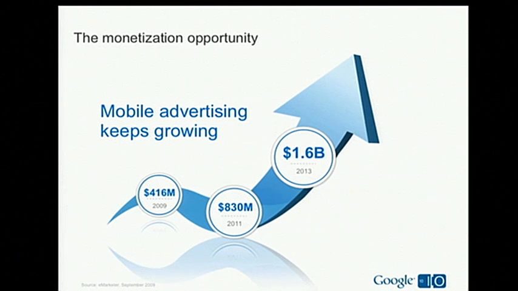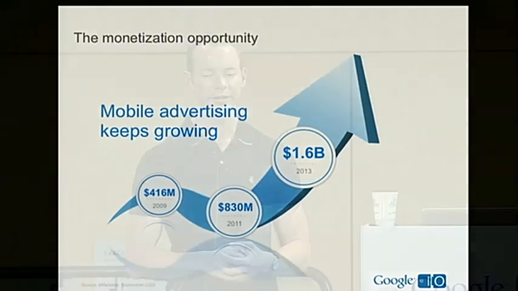And as we find new, innovative ad formats to engage users appropriately in a mobile context, we expect the pie to continue to grow. The click-to-call ads that were shown this morning were one example of them. These are testing incredibly well with advertisers, and they are proving to be a significant source of revenue to our publishers.